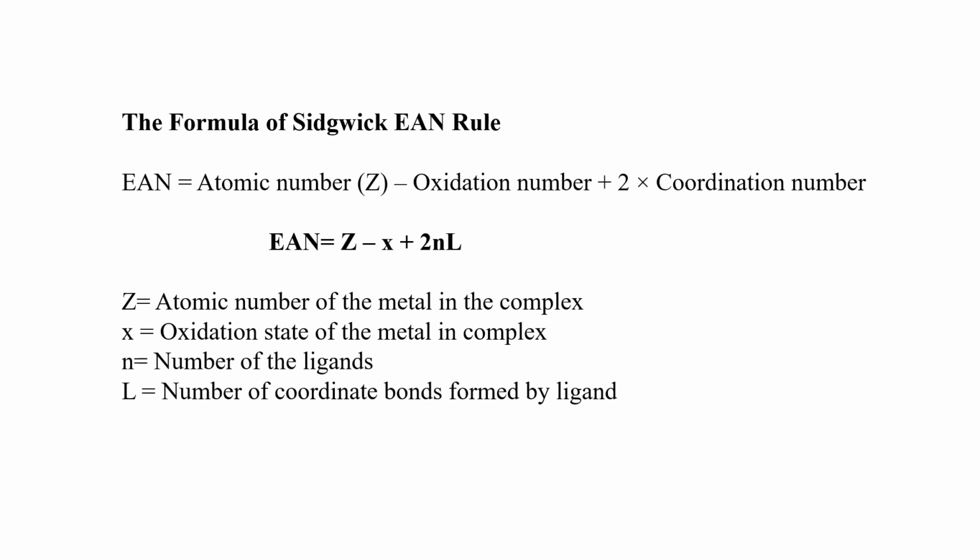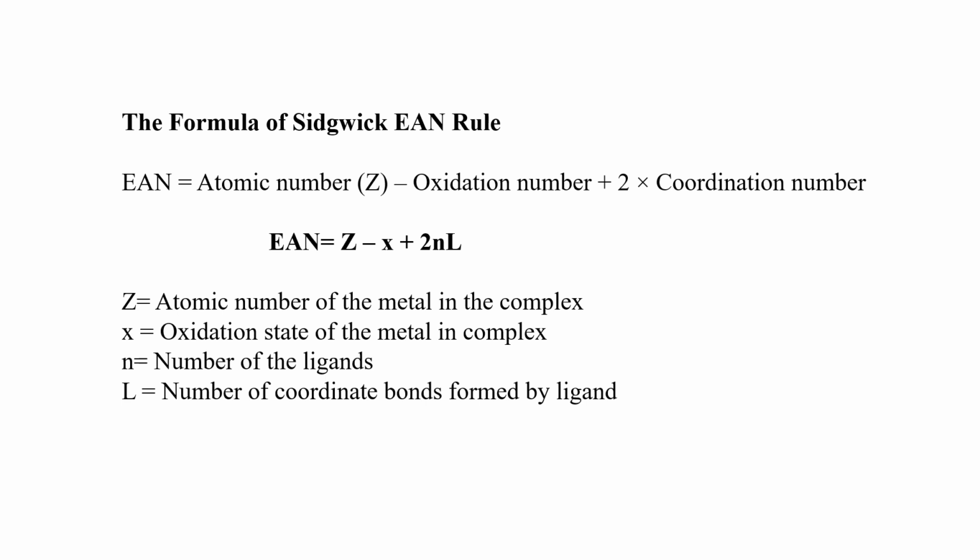For example, if it is +2, you need to subtract that from the atomic number. Then you take the coordination number multiplied by 2. That will give the number of electrons donated by the ligands. If you add that number to the atomic number minus oxidation state, then we get the effective atomic number.